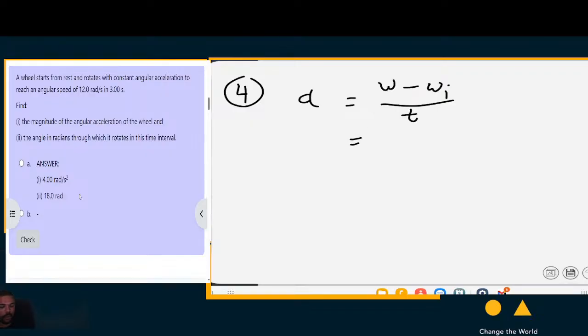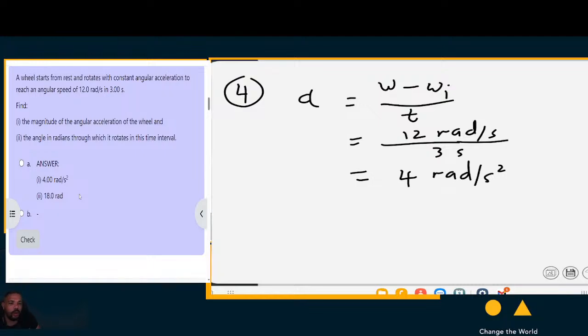The change in the angular speed over time, so that will be just 12 radians per second over the time it takes, 3 seconds, so it is just 4 radians per second squared. That is the angular acceleration, the change in the angular speed over time. That should just be final minus initial. So that is A.